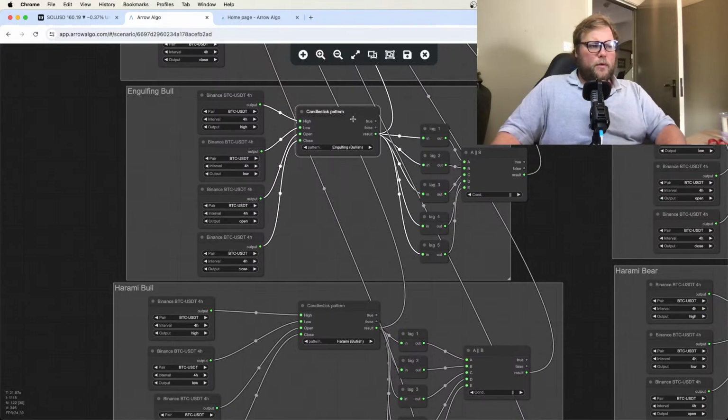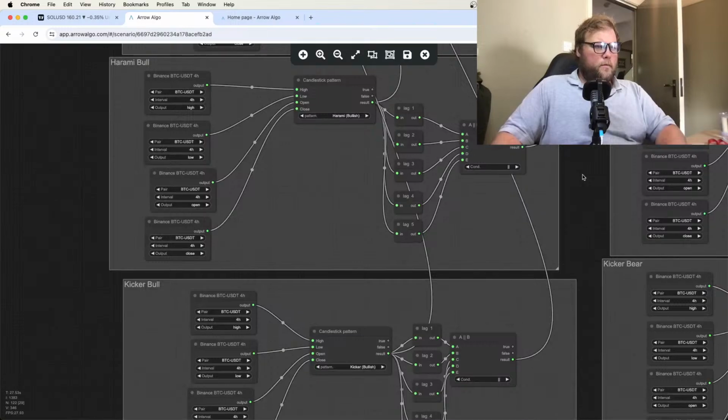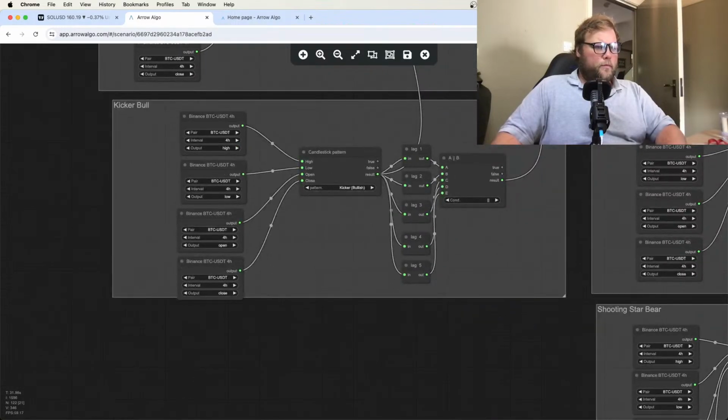We're feeding the lag blocks. High, low, open, close. Okay.